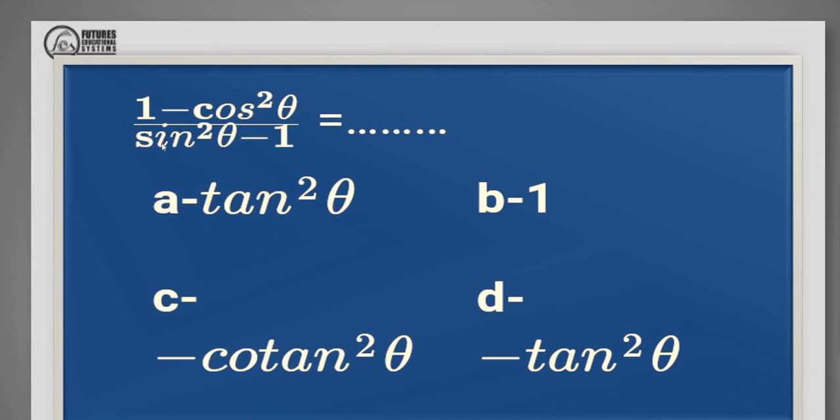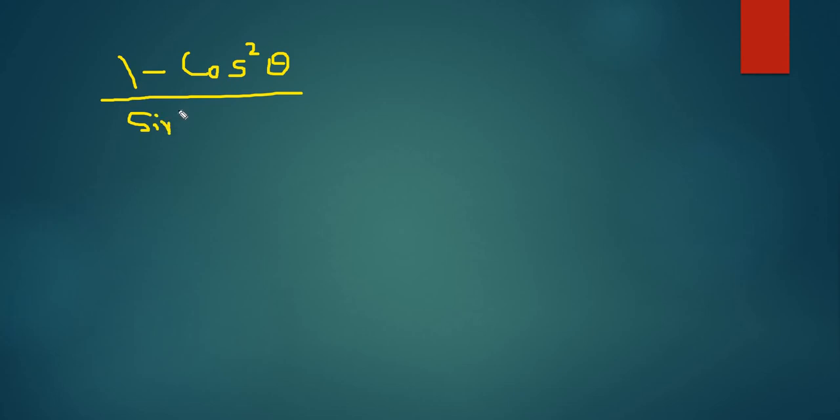Let's go to the third example. 1 minus cosine power 2 theta over sine power 2 theta minus 1.